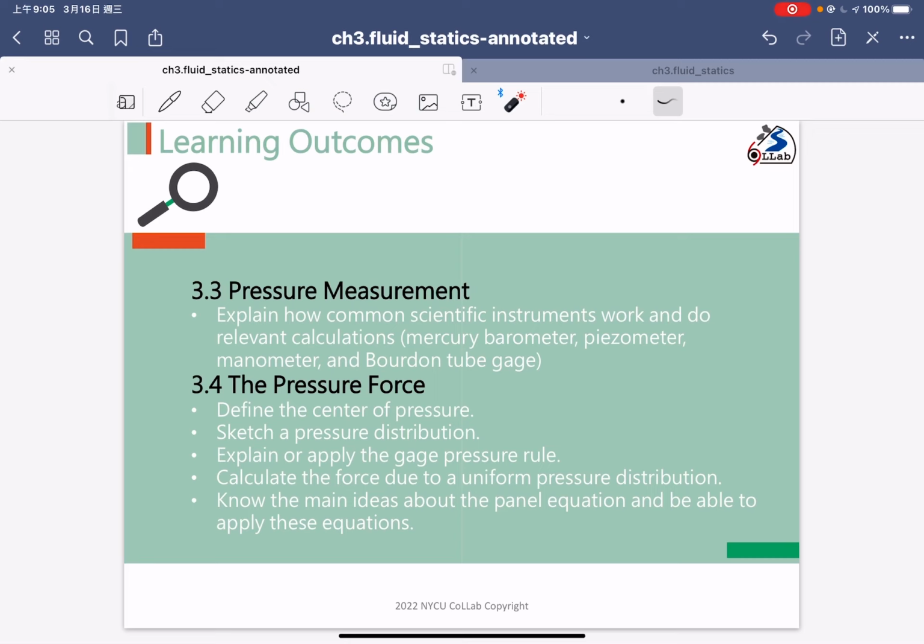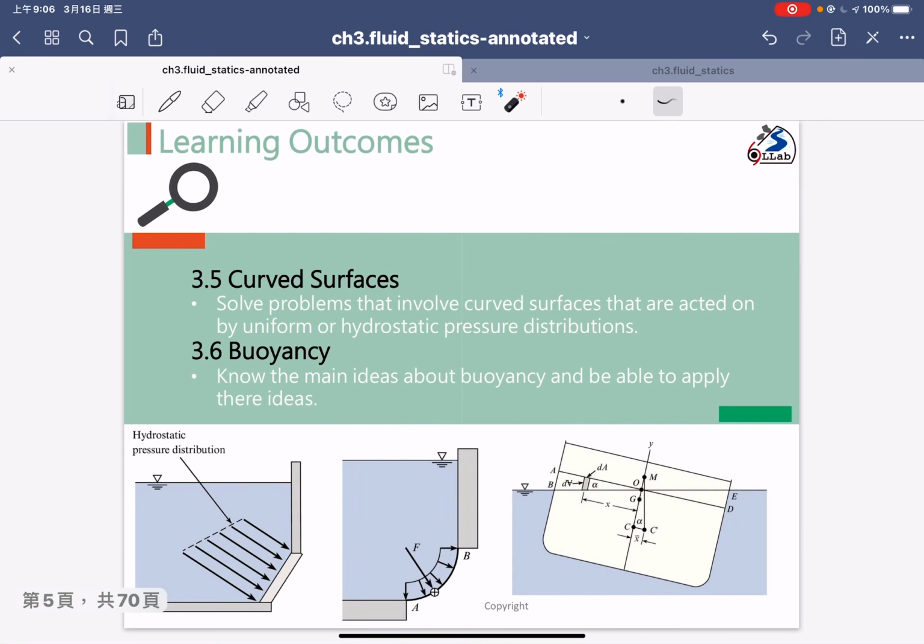Okay, and then since we have the pressure, we can convert the pressure to the force if we have the area, and we call that the pressure force. Okay, and we have the force. So how about our target? So there are two targets in this chapter.